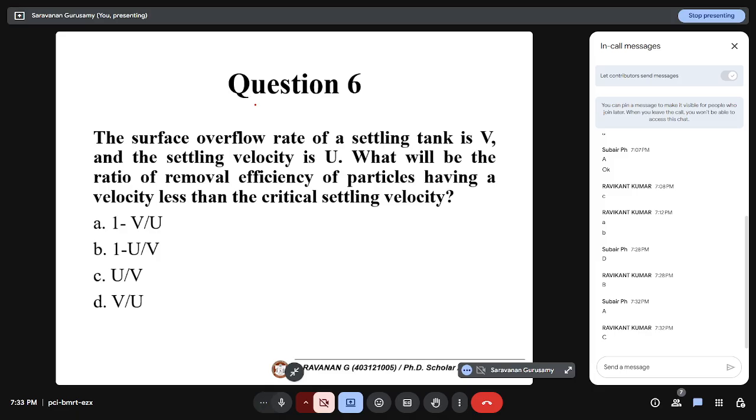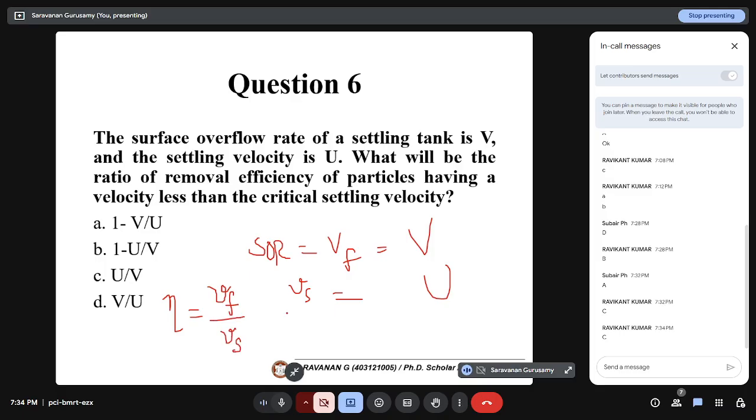See here, surface overflow rate, SOR, is capital V. That is the flow velocity, capital V. Settling velocity, Vs, is U. What will be the ratio of removal efficiency of a particle having velocity less than the critical settling velocity? So the flow velocity should be higher than the settling velocity.